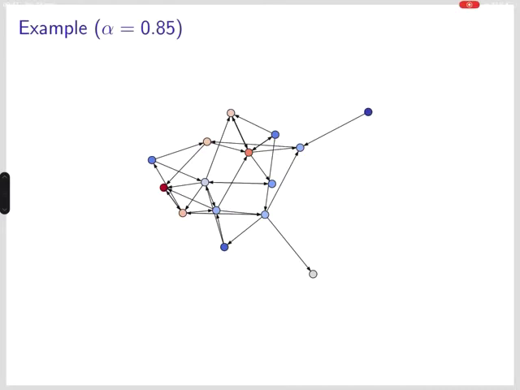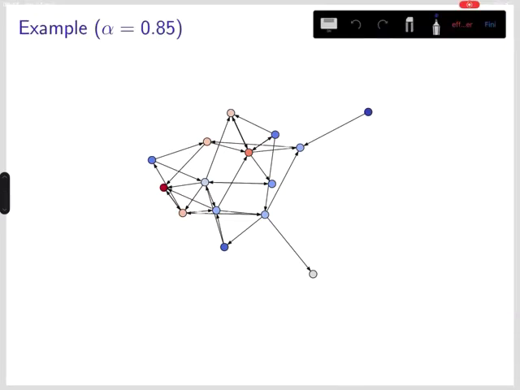So this is an example for this graph. It's a very general graph in the sense that you have a sink, you have a source here, but thanks to this restart mechanism, you will visit all nodes infinitely often, and you can really define this frequency of visit of each node, which is a number between 0 and 1.